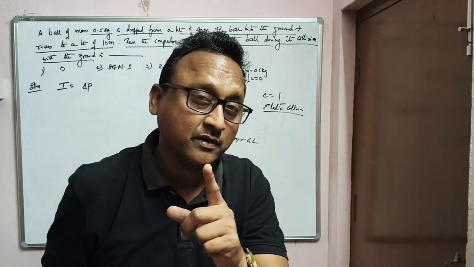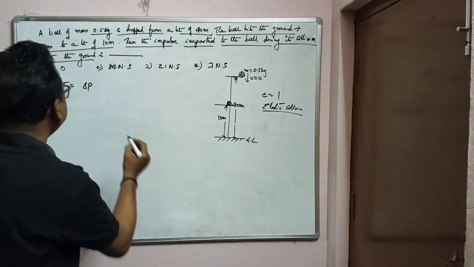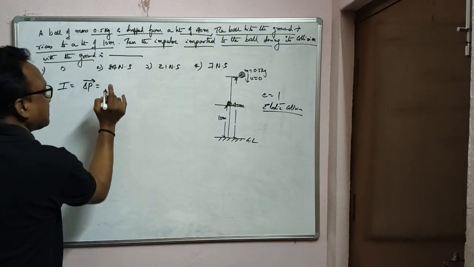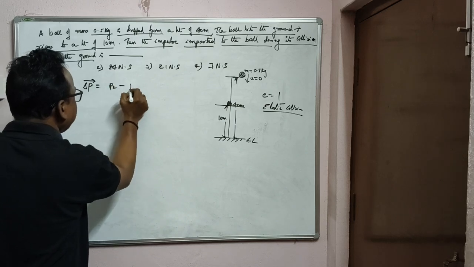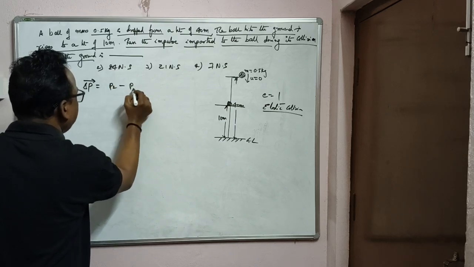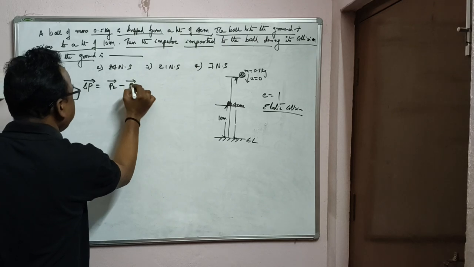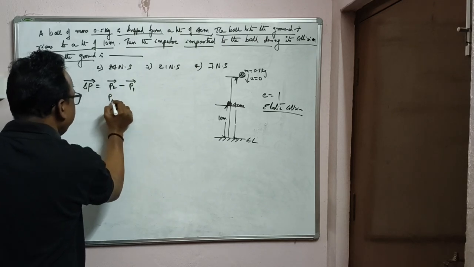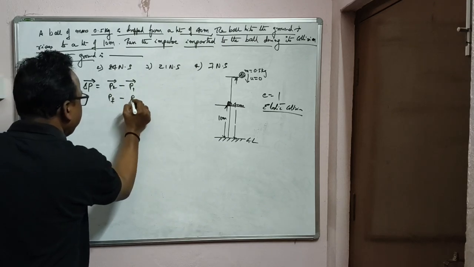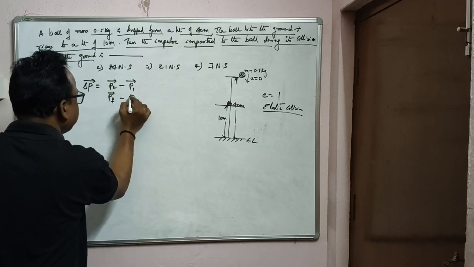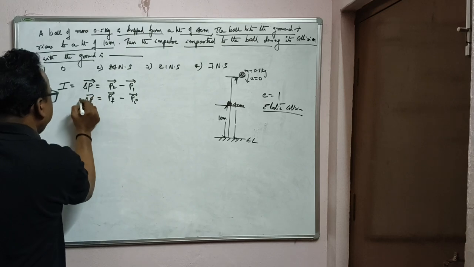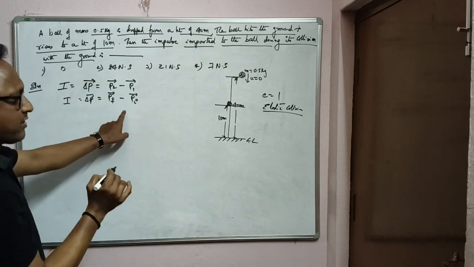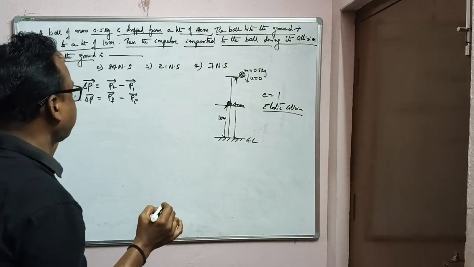Please make a note, it is not a scalar, it is a vector, so it has both magnitude and direction. Change in momentum means final minus initial momentum, P2 minus P1. Impulse is a vector quantity.